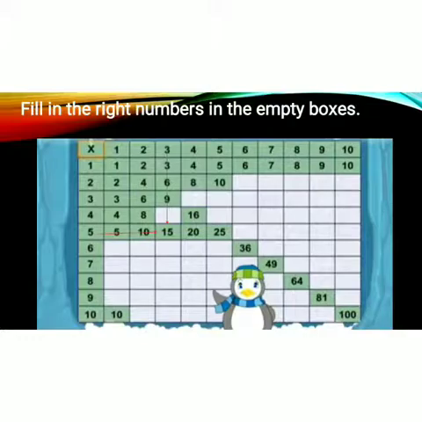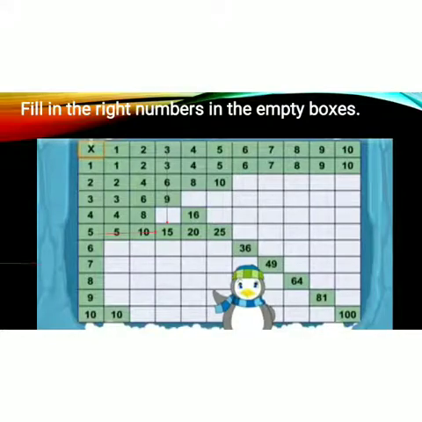I'll take 5 in vertical order and I'll take 3 in horizontal order. Means I'm taking 5 from the row and 3 from the column, and easily I'll get the answer: 5 threes are 15. This way children, you will get all the tables.